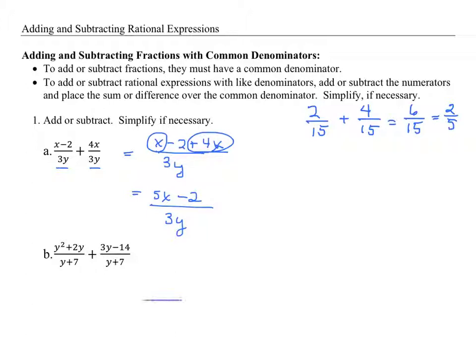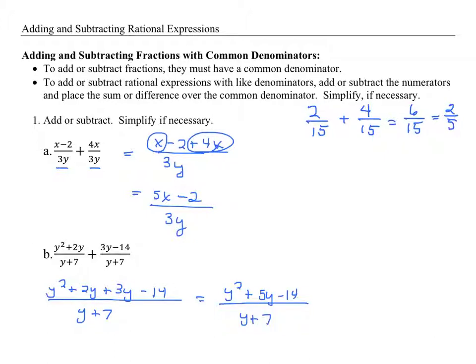So we're going to add the numerators, keep the denominator the same. So it's y squared plus 2y plus 3y minus 14. Combine like terms. y squared plus 5y minus 14.